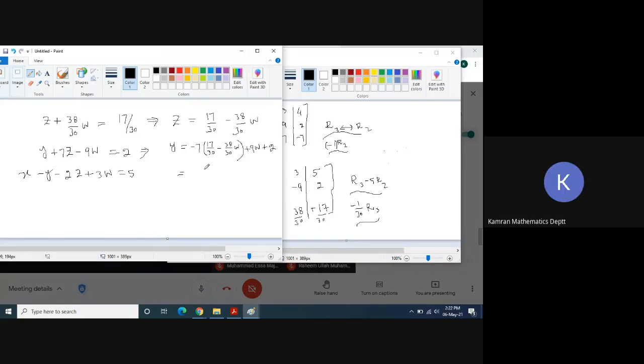Minus 7 into 17, minus 119. Minus 7 into minus 38, this is plus, so 266 divided by 30 w plus 9w plus 2.